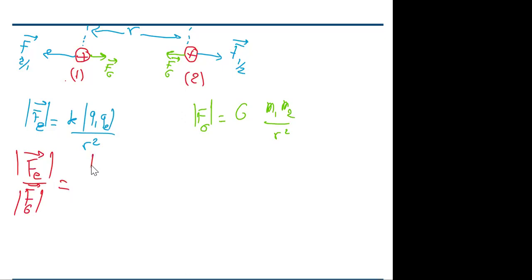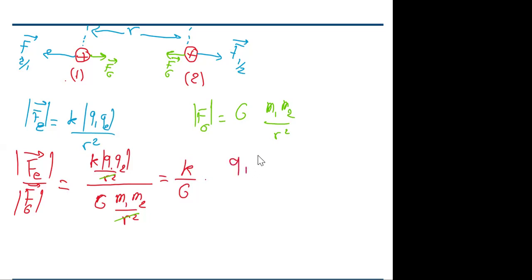In this case, we will write K Q1 Q2 divided by R squared, all of them divided by the gravitational force, which equals G M1 M2 divided by R squared. So we can cancel this R squared, and the answer will be K over G multiplied by the absolute value of the product of the two charges, Q1 Q2, divided by M1 M2, the product of the two masses.